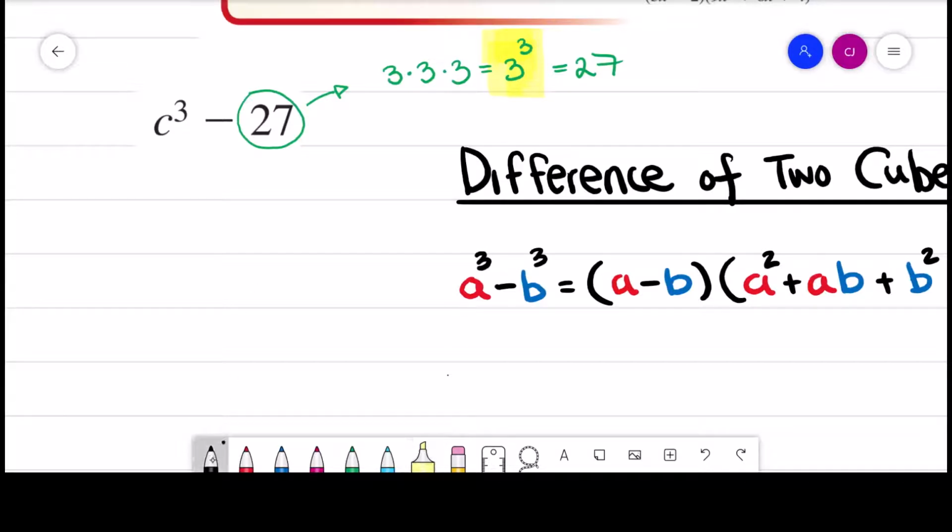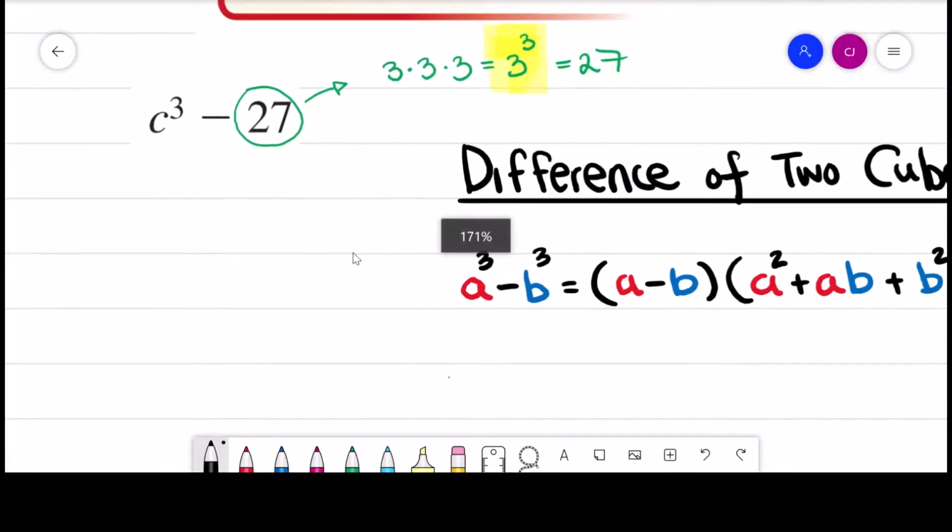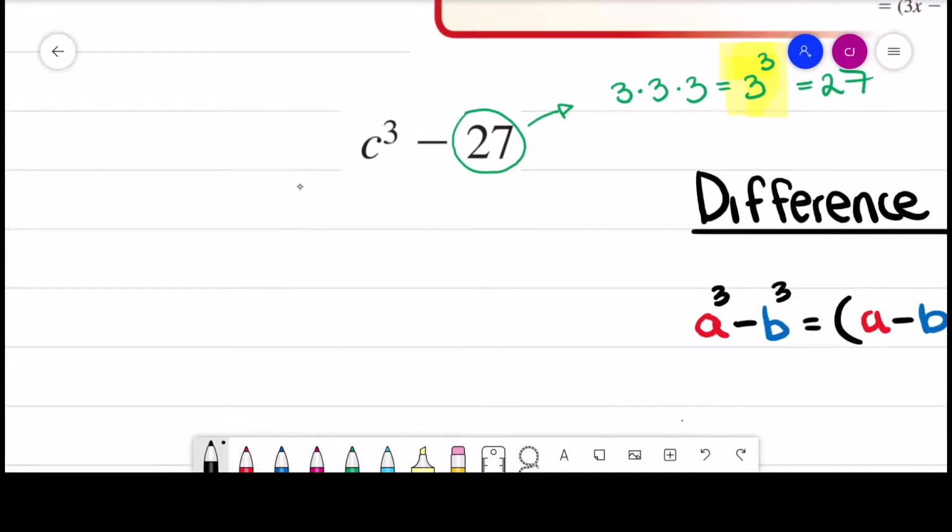So if I take that, I'm going to write c cubed minus 27 as c cubed minus 3 to the third power, or 3 cubed. And as you guys can see, this is slowly starting to take shape of our special factoring pattern of difference of two cubes.